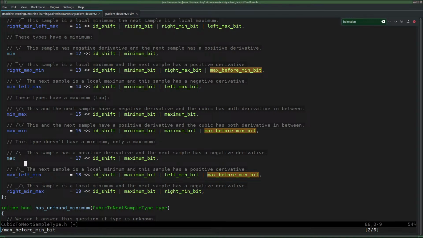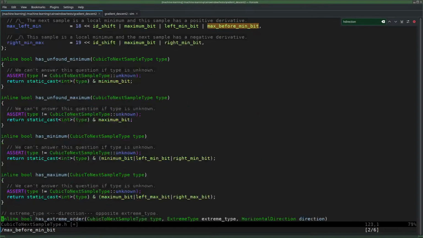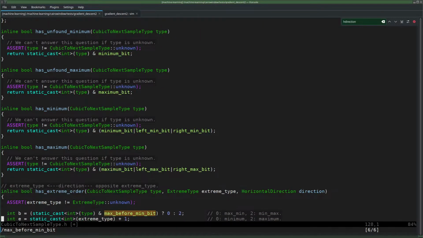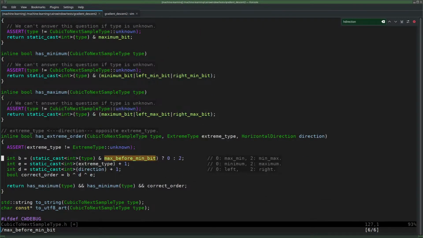This is only a maximum. This has a maximum before a minimum. And this is a maximum after a minimum. Sure, the bits are set correctly. At least the max before min bit is set correctly. And it should be 0, 2 to match this.